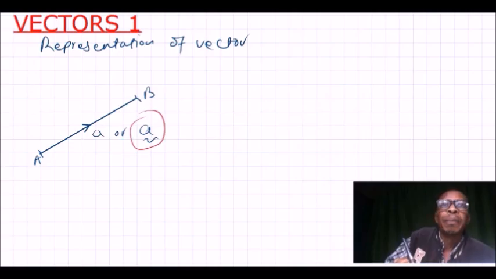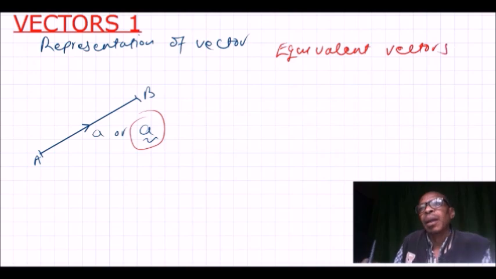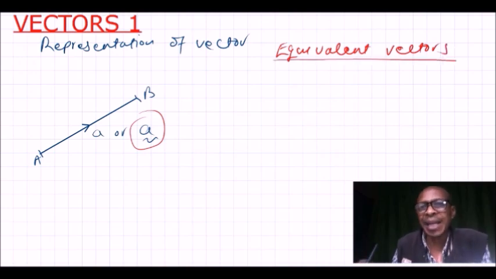From there, we look at equivalent vectors. Now, we say that two vectors are equal if they are facing the same direction and have the same magnitude.